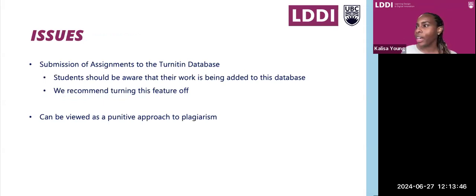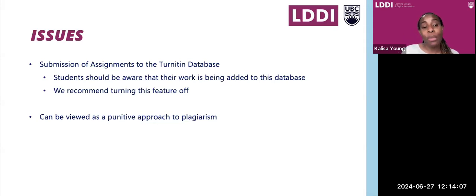Okay, and issues. As I mentioned, there is an enormous database with millions of papers, based not just on what Turnitin has found online or on the internet or through journals, but also on submissions from other students. At UBC, we do have two options.